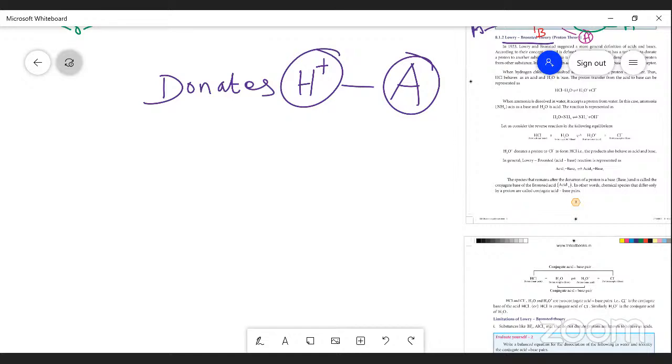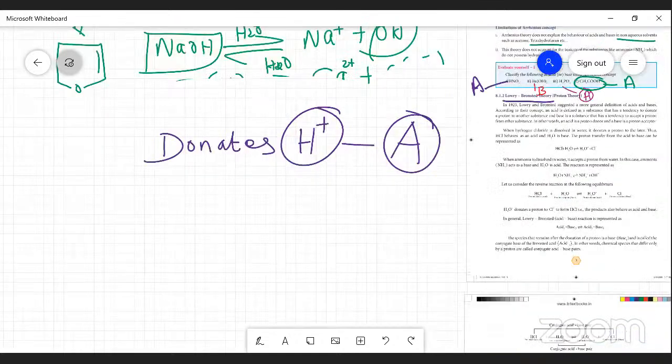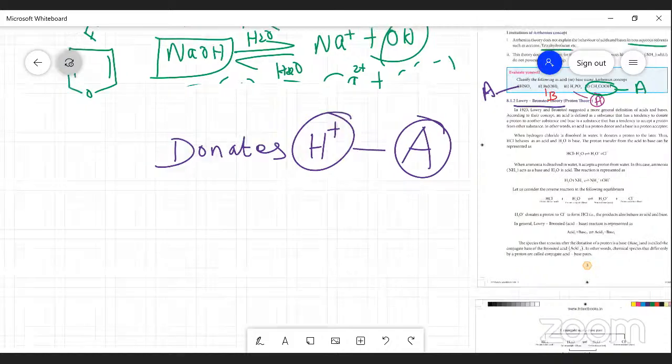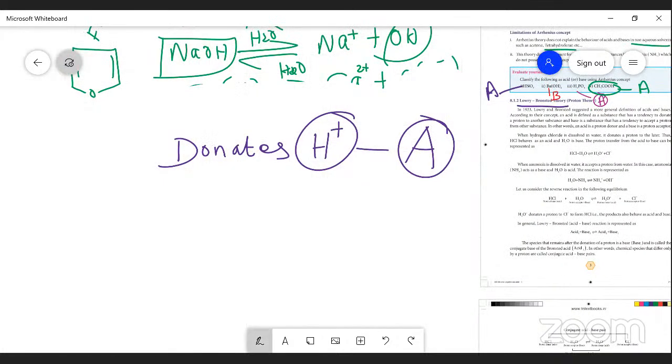The substance which accepts a proton is called a base. So a basic substance is a substance which has the tendency to accept a proton.